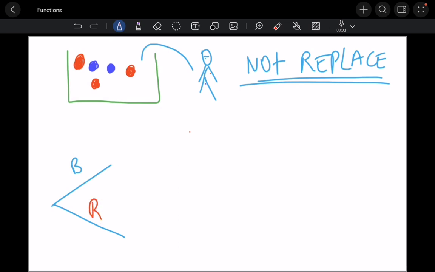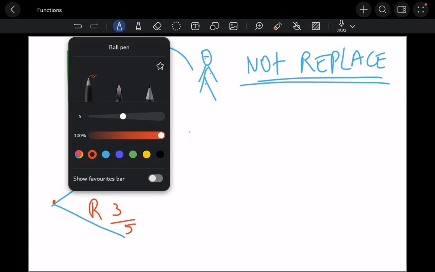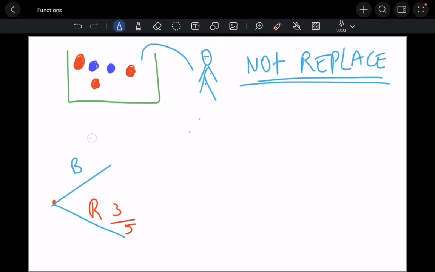At first, you have 3 red out of a total of 5. And then you have 2 out of 5. When you add 2 over 5 and 3 over 5, you will get 1. So this is the first.